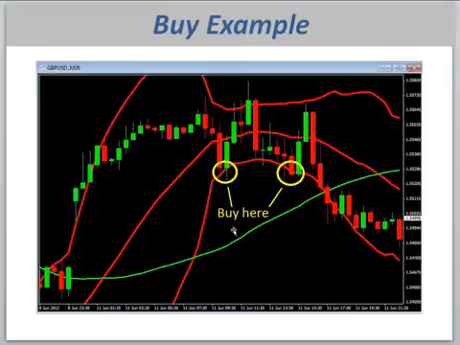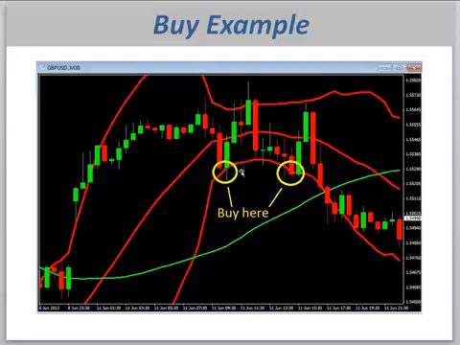The trend was still high moving. There was a higher moving uptrend in the pound dollar, but it had a shorter term sell-off. So we're going to be buying the pound dollar when it's trading above the green line, when its longer term trend is still there, but it has a shorter term sell-off.